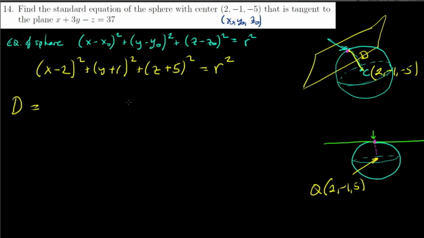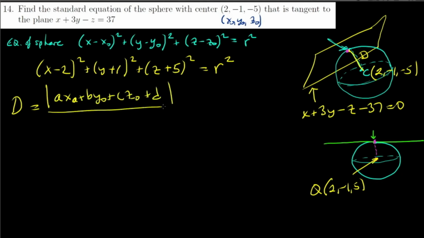The equation of the plane is, so x plus 3y minus z minus 37 equals 0. Right? So if you're going to use this version, the absolute value of ax0 plus by0 plus cz0 plus d over the square root of a squared plus b squared plus c squared, then yeah, make sure your d is negative 37 and not positive 37.